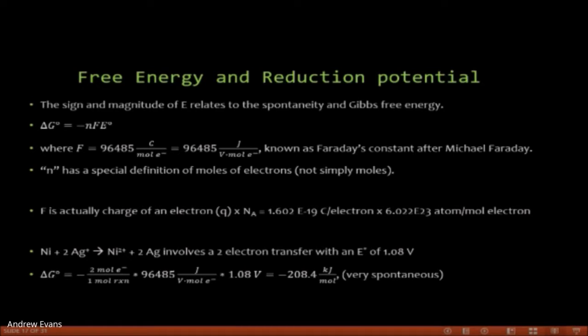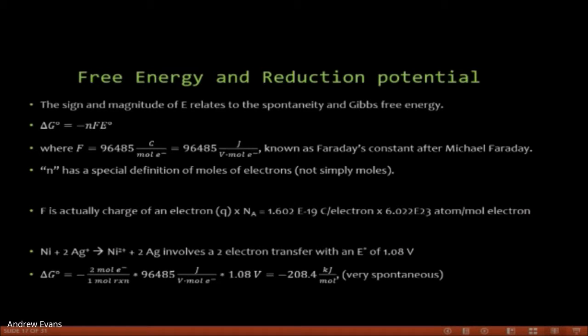You did not have to take into account the moles. You didn't have to balance anything because the E cell takes into account the number of electrons. It's the voltage per electron. And so when we do it all together, it works its way out perfectly.